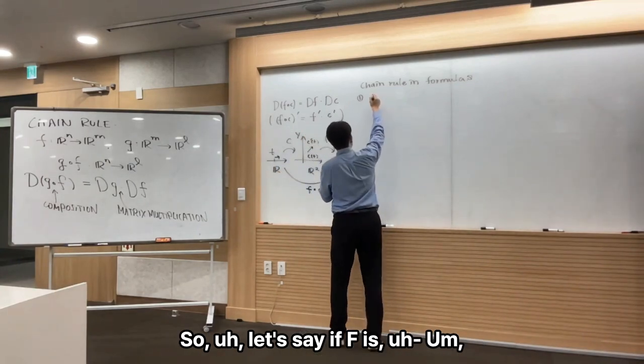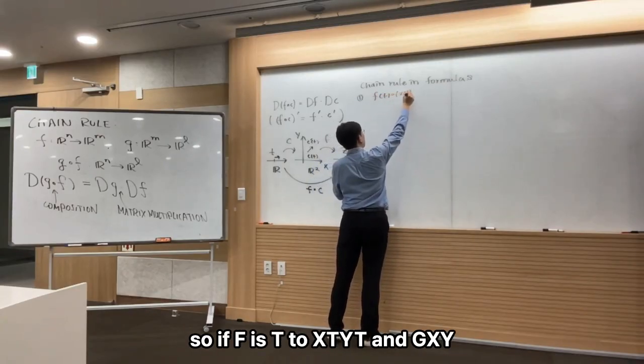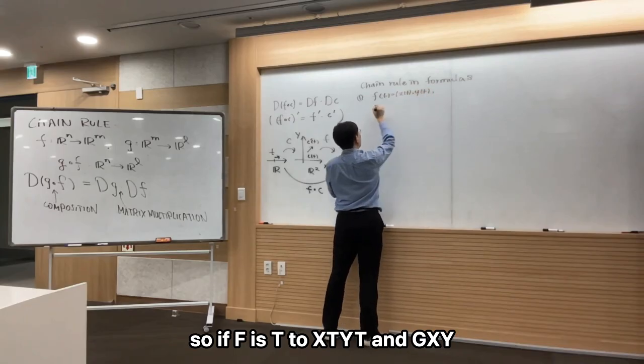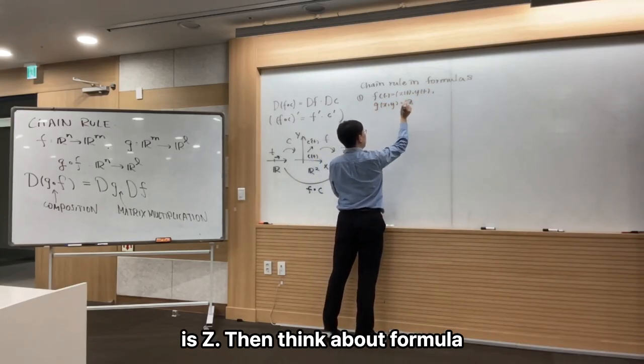Let's say f is t to (x(t), y(t)) and g(x, y) is z.